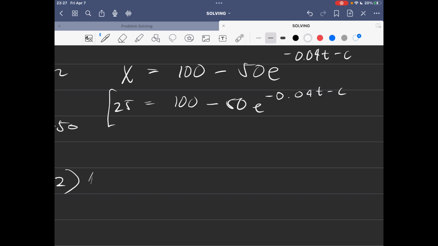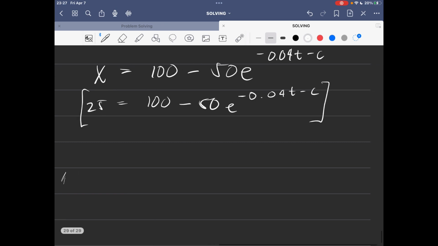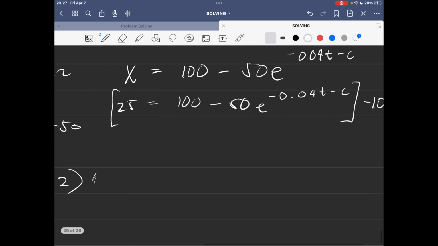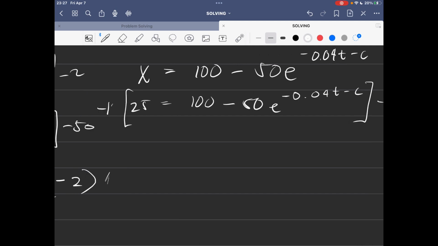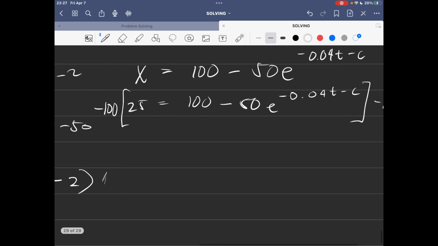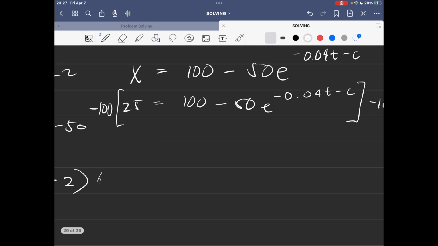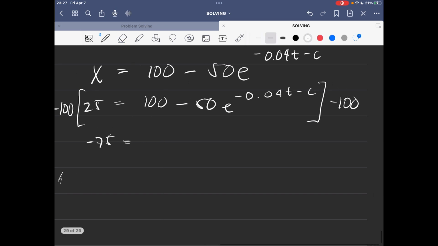We can add negative 100 to both sides. So if we add, we get negative 75, and then we can cancel out the 100. So we'll get negative 50 e raised to negative 0.04 t minus c.